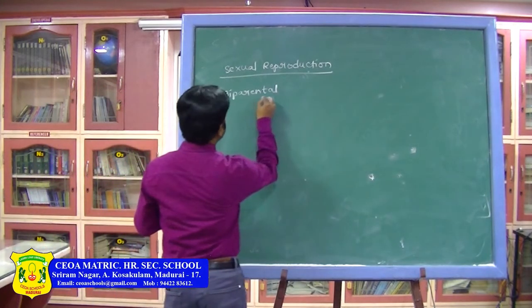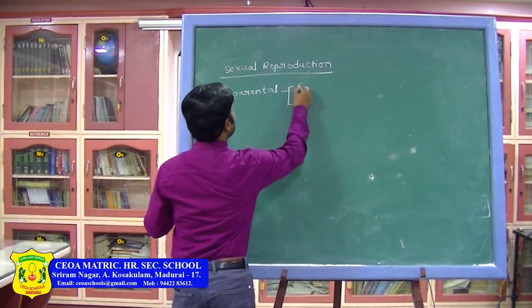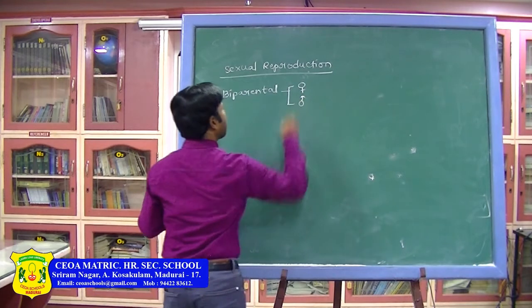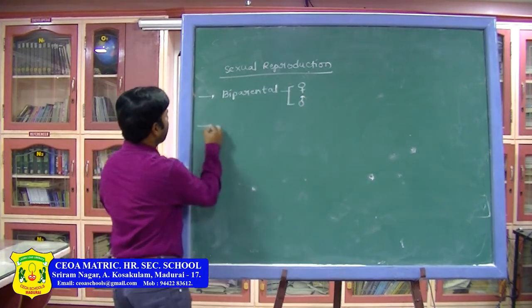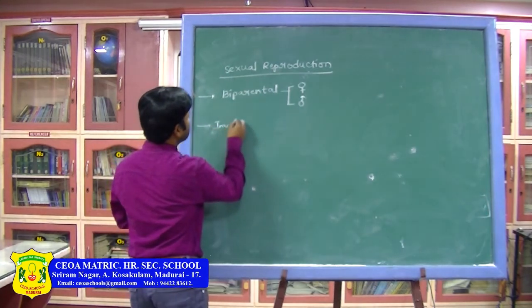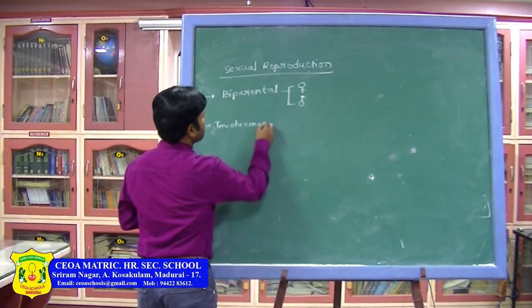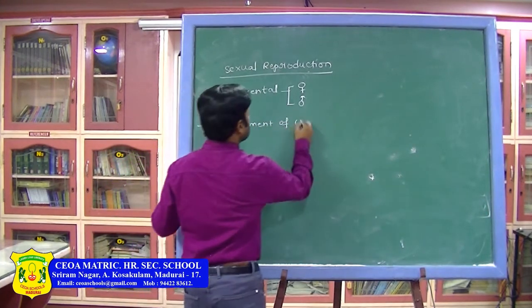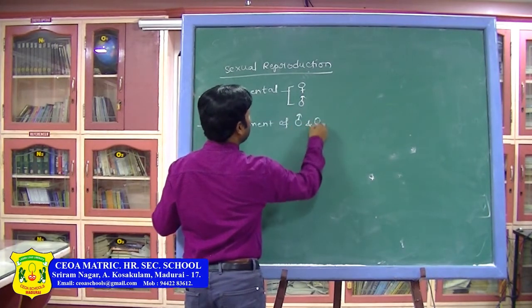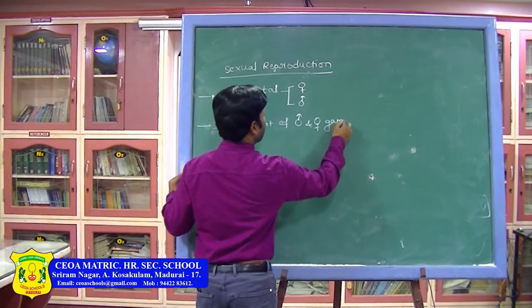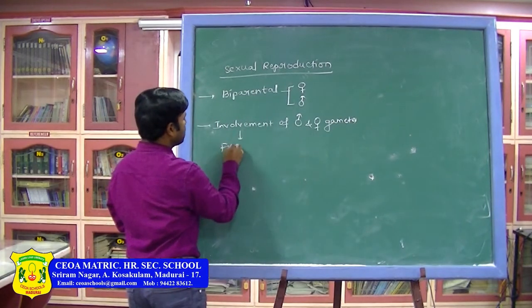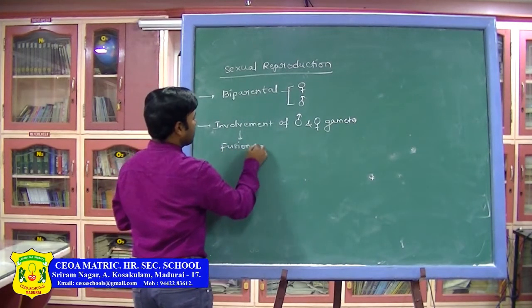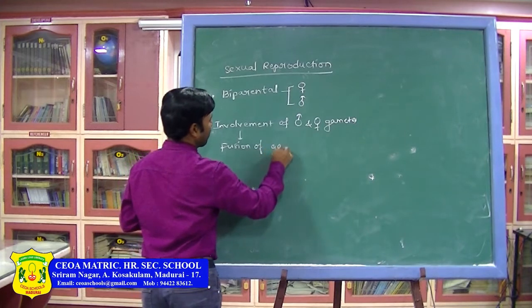Biparental means male and female gametes will be produced. Involvement of male and female gametes. Next, what happens after that? Fusion of gametes.